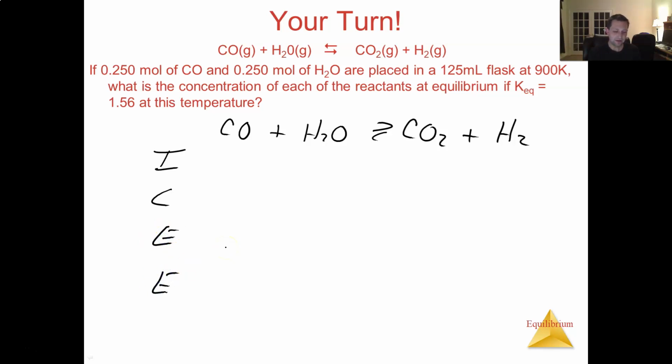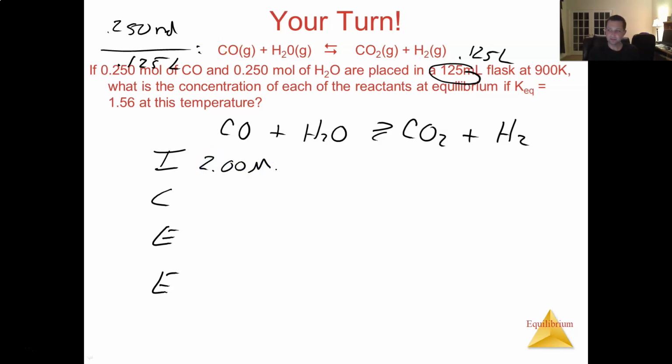Okay, we have a 125 milliliter flask, so that's 0.125 liters. All right, so we have to figure out what our molarities are. So for carbon monoxide, you have 0.250 moles over 0.125 liters, and that's going to give you 2.00 molar.